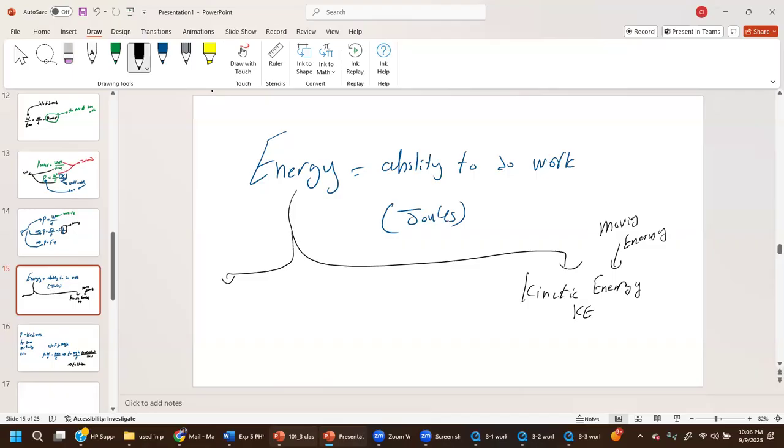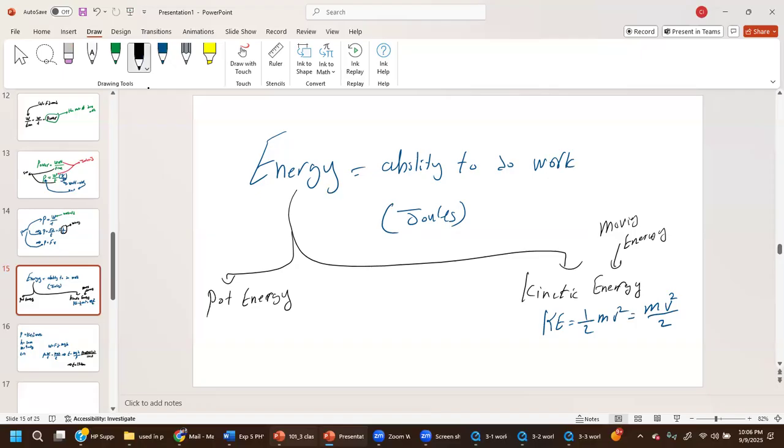And this is going to equal 1/2 mv squared, or you can say it's mv squared divided by 2. The second type of energy we're going to be talking about is called your potential energy, or your stored energy. So this is going to be your potential energy.